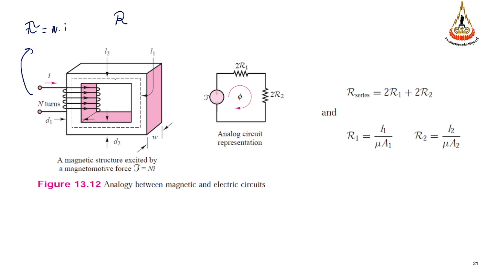If this part of the core has the area A1 and this part of the core has the area A2, the reluctance of different parts is different. But in a series circuit, you can get this.